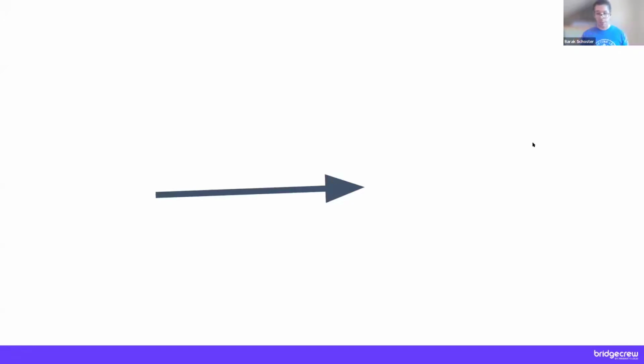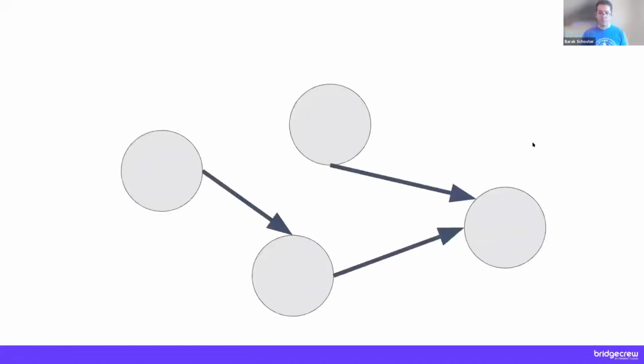So for example, if I have a VM, I can see what is the connected volume of storage by traversing this edge. And this is a DAG, a directed acyclic graph. The DAG represents the connections between different resources or the dependency between different code blocks.